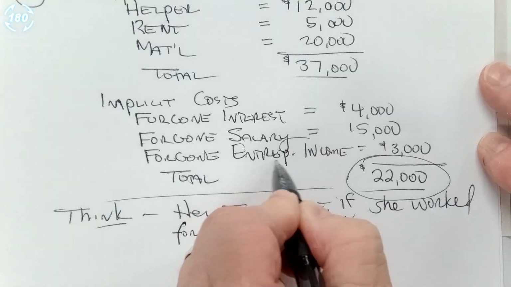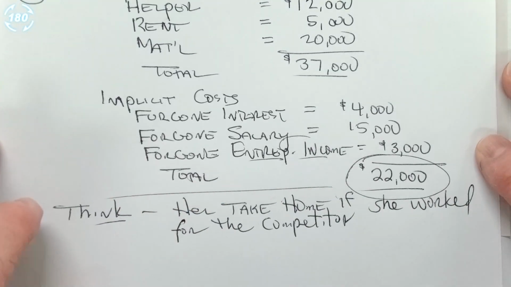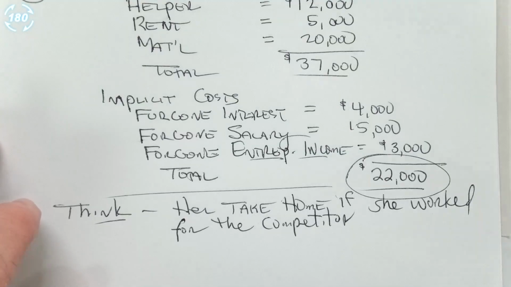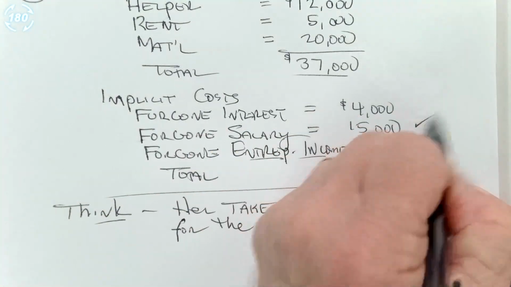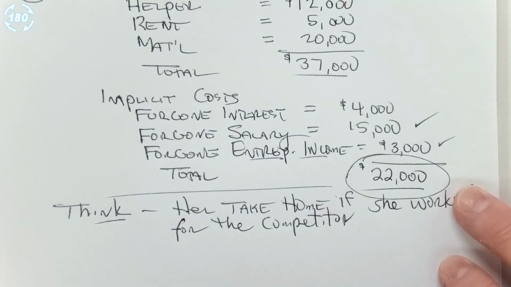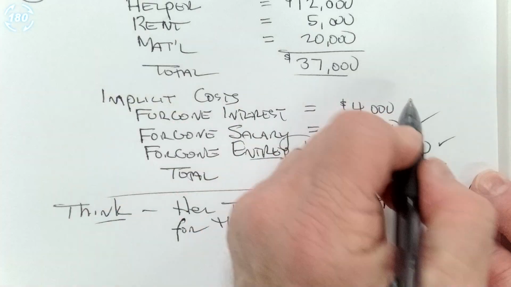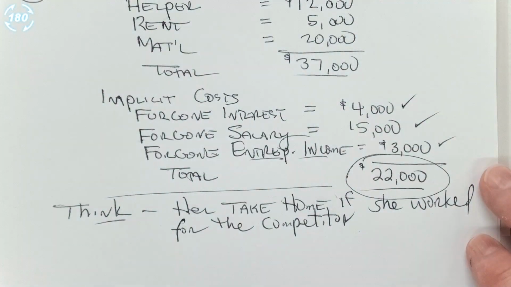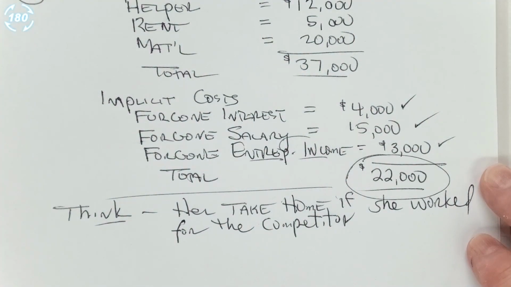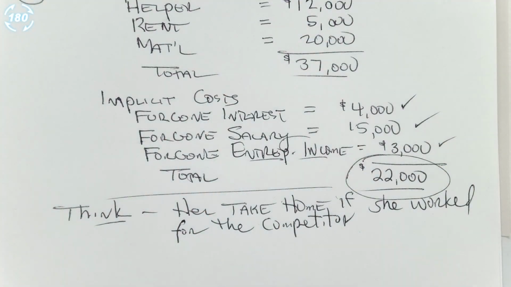So like this foregone entrepreneurial income, she might work for the competitor and she'd get this salary, but then on the side she could have her own little side hustle, and that's what that would bring in. And then of course she'd be bringing this in from her bank account or wherever her investment is, okay? All right, but now, alas, all of these things are being plowed into this new enterprise, and that's the thing to keep in mind.